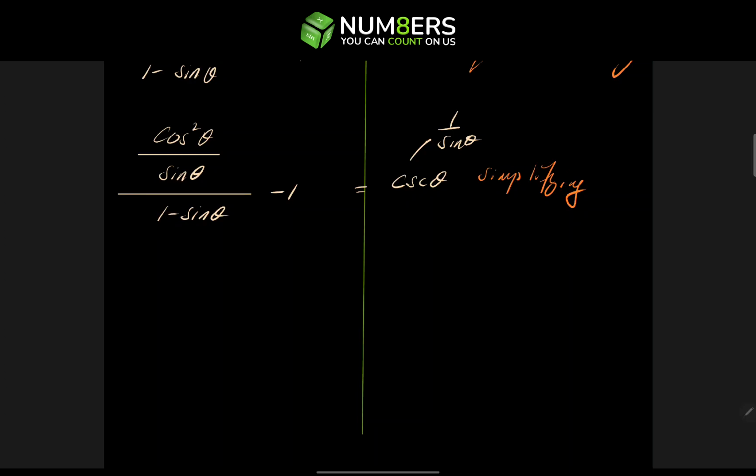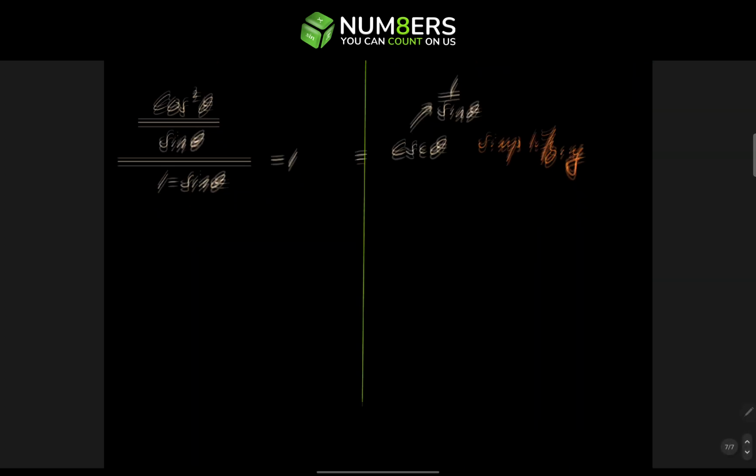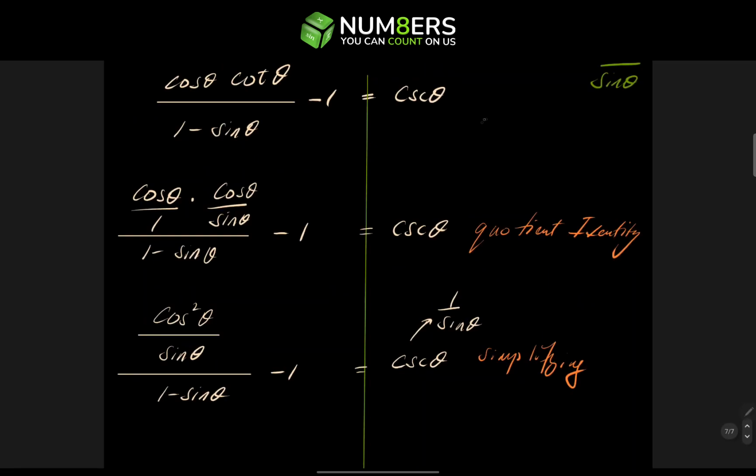What we have to do is find something where cosine squared theta ends up being sine squared theta, which is going to be using the Pythagorean identity. So if we recall the Pythagorean identity, let me write it on top here. The Pythagorean identity is sine squared plus cosine squared theta is equal to 1.